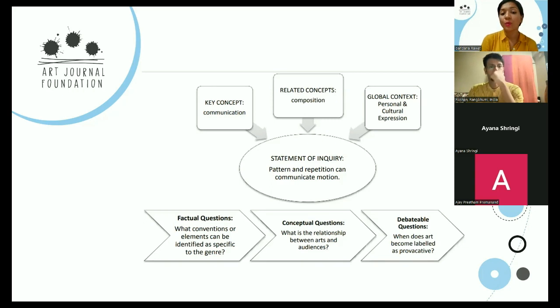The conceptual question says, what is the relationship between arts and the audience? So here they are focusing on the audience in terms of the composition. For example, we have seen a lot of musicals with an audience of 400 people. But we have also seen productions in intimate spaces. I have done a promenade theater performance, Dr. Jekyll, Mr. Hyde, in which we performed at 5 places.